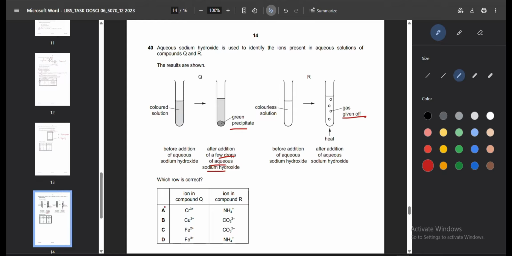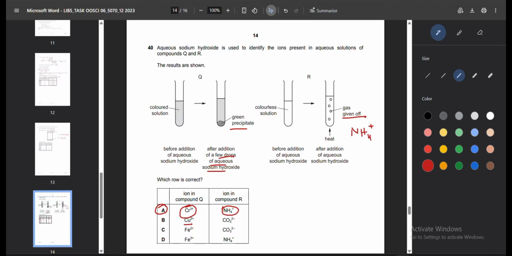So that makes ammonium. It can be ammonium ion because ammonia gas is produced on warming, and over here ammonium is present, and chromium gives green colored precipitates. Our option A is the correct one.